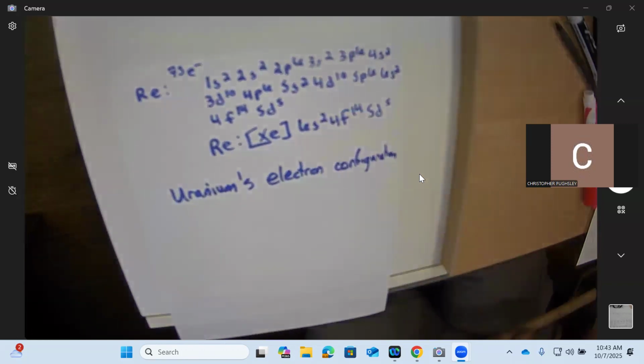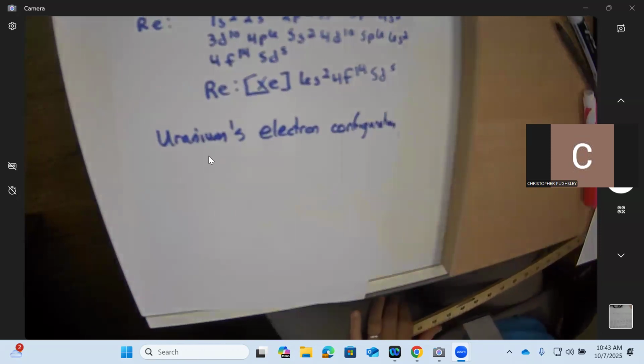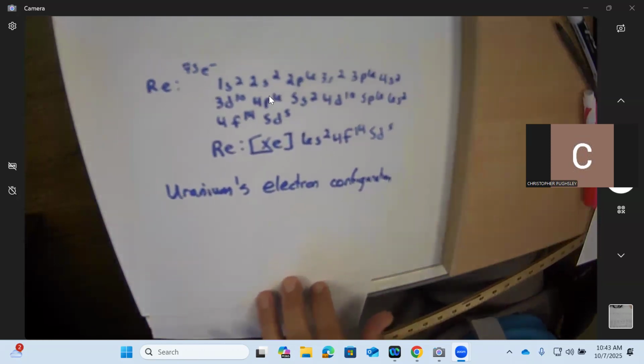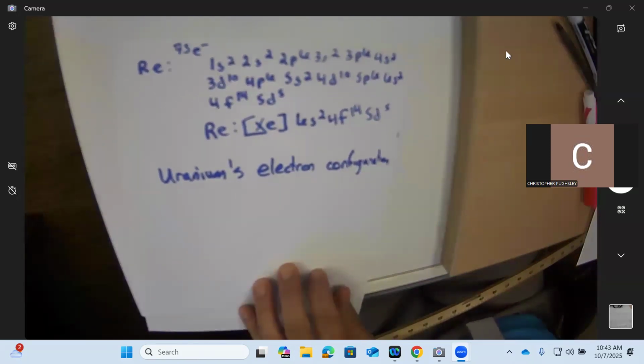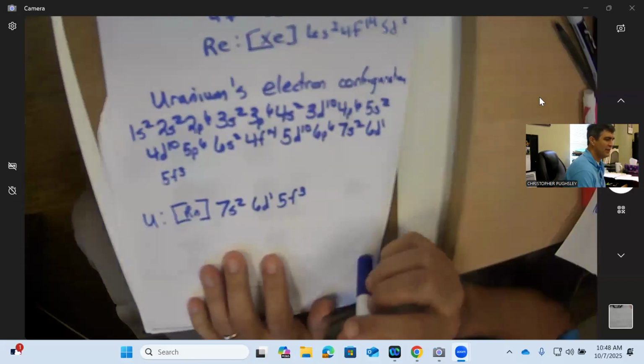And again, you can do both the regular configuration and then you're going to do the noble gas configuration. So do both. I'm going to pause the video. I'm going to give about 3 minutes.